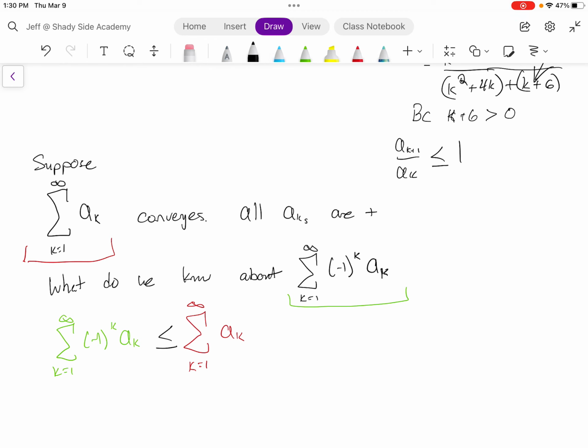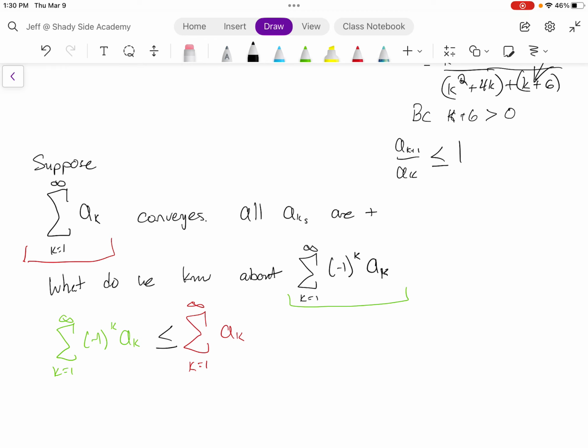They're all positive. We're summing up a whole bunch of positive things. In the green guy, some of them are negative, so it definitely can't be as big. Maybe all the terms are 0 or something in a silly series, and then this equality would hold, right? But at best they're equal, and more likely than not, the green one is actually smaller than the red one because some of the terms are negative.